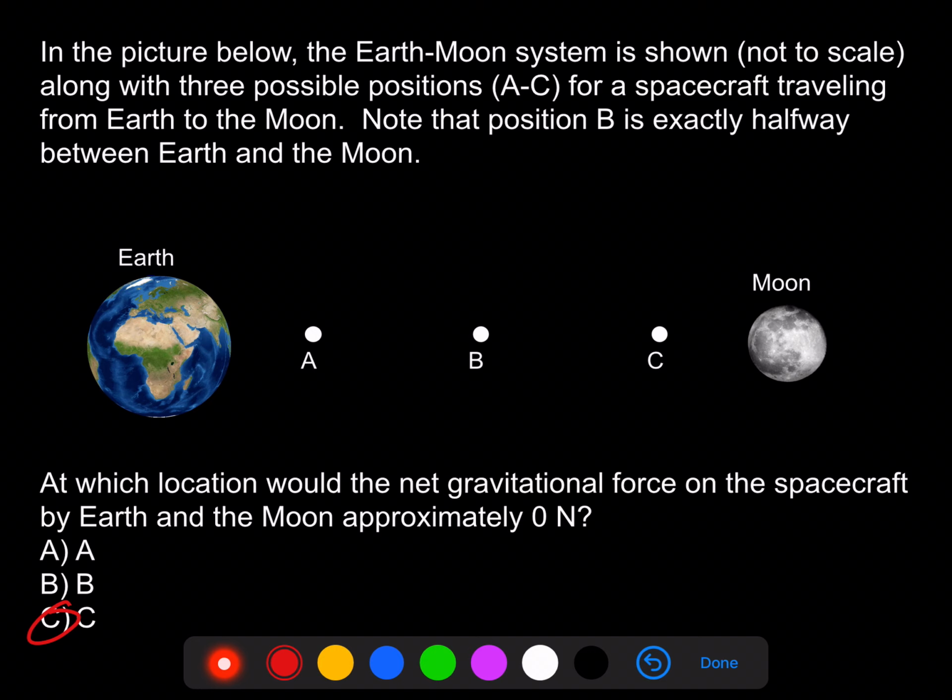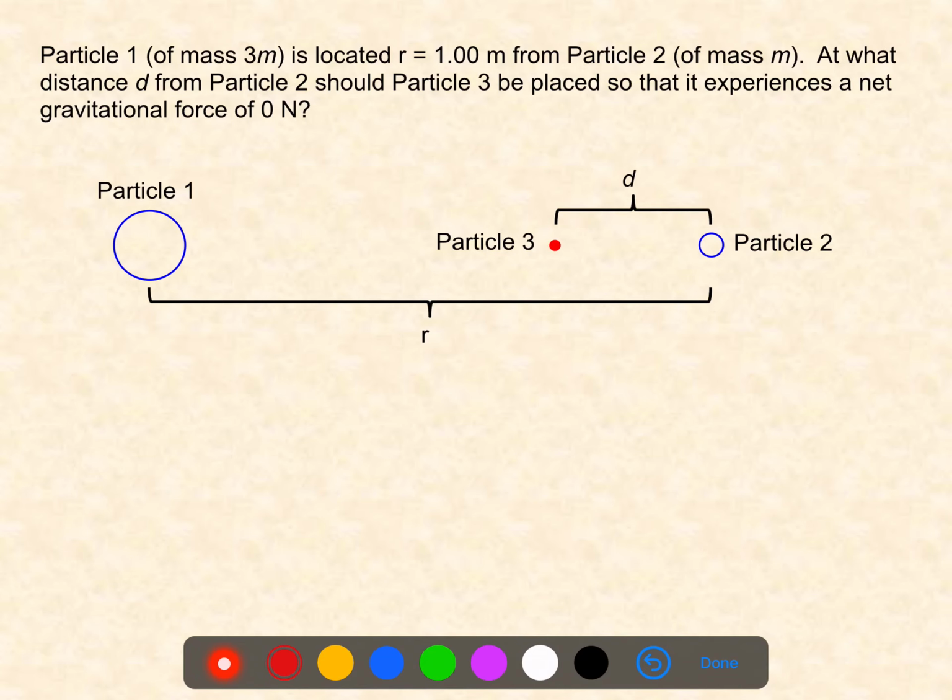Okay, so let's take basically that same scenario, only now we're just dealing with generic particles, and we want to place a third particle in between particle 1 and 2 in such a way that it experiences a net gravitational force equal to 0. So what I want then is for the force of attraction here to equal the force of attraction here.